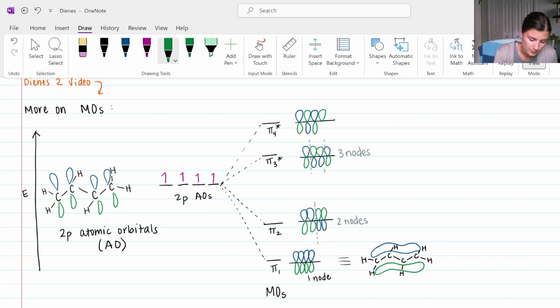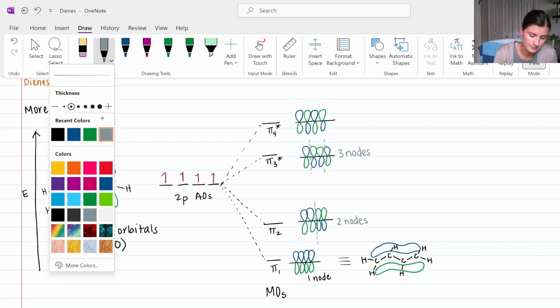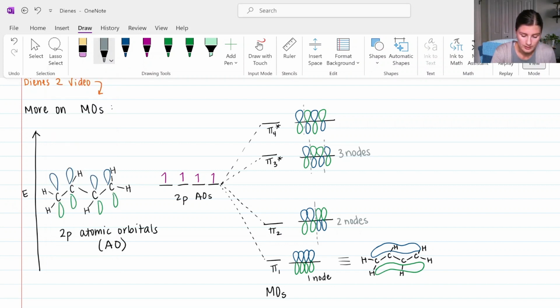And p orbital for carbon 4 will be the opposite phase relative to the carbon adjacent to it. So now we have the horizontal node through the center, and then we have 3 additional nodes. So here we have the 4 possible molecular orbitals for 1,3-butadiene if we're only focused on the 2p atomic orbitals.